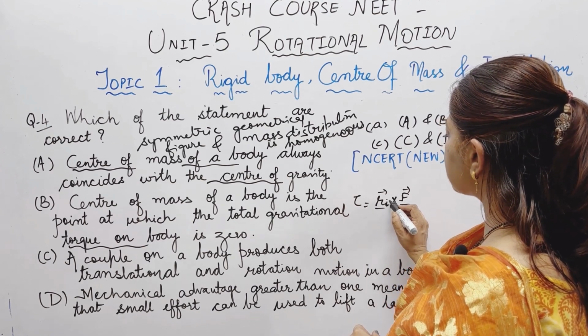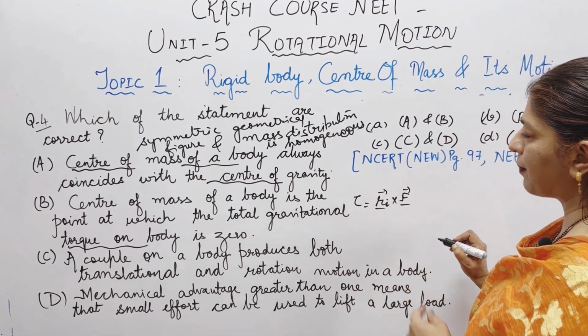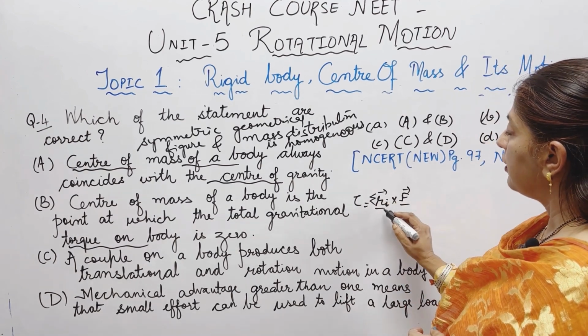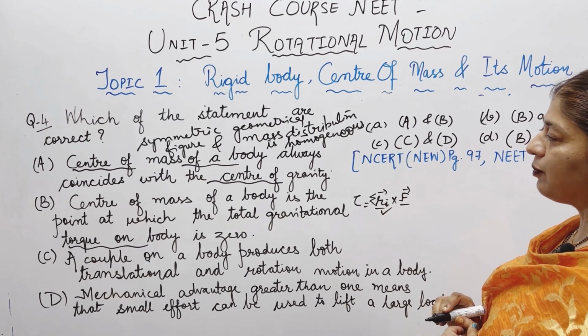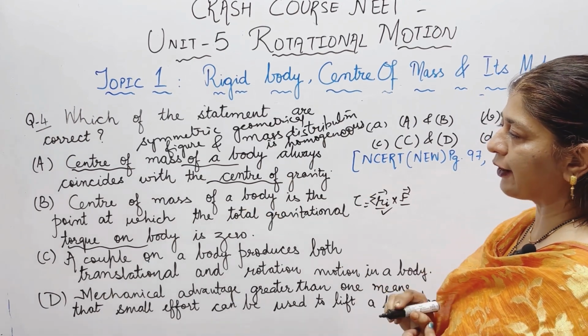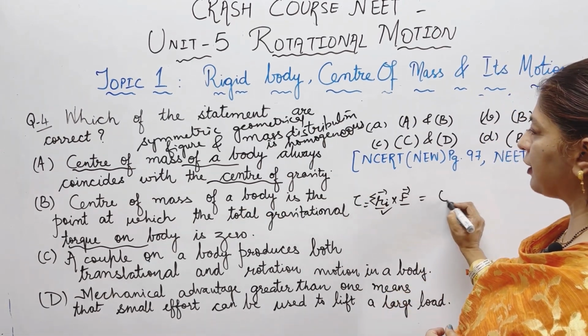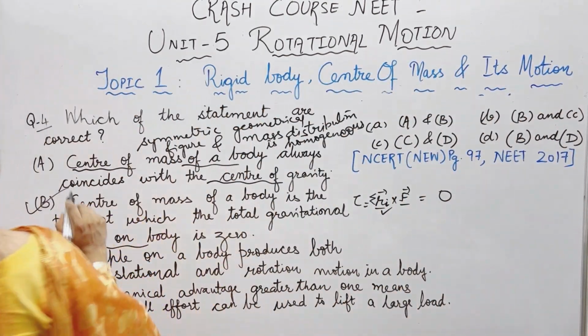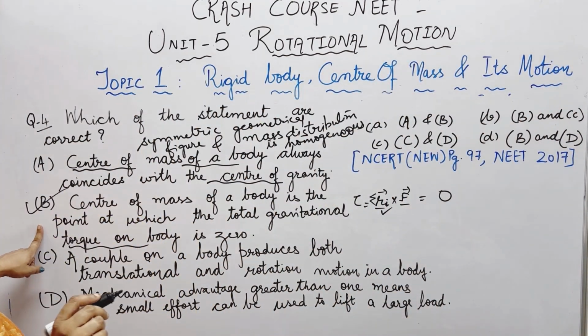Let Ri be for the i-th particle, and the summation is going to give us the total torque. Now this Ri will be 0 at the center of mass, and that is why the value will come out to be 0. So this statement is correct. The center of mass of a body is a point at which the total gravitational torque on the body is 0.